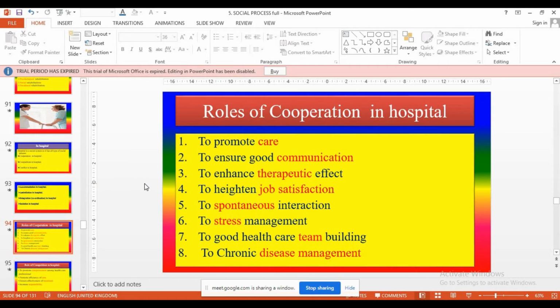Chronic illnesses, mainly blood pressure and diabetes, need client-oriented care and disease management strategies. Cooperation plays a wonderful role in the hospitals.